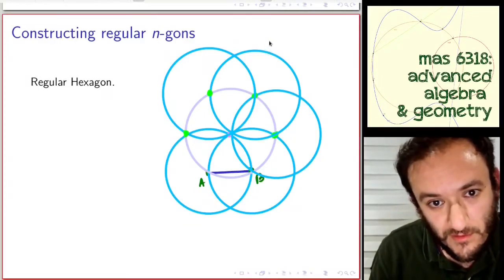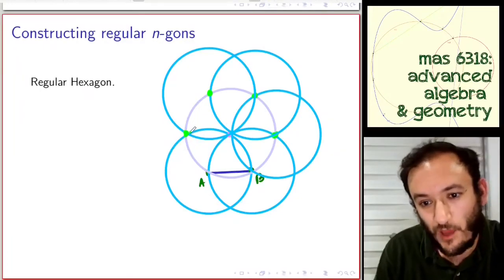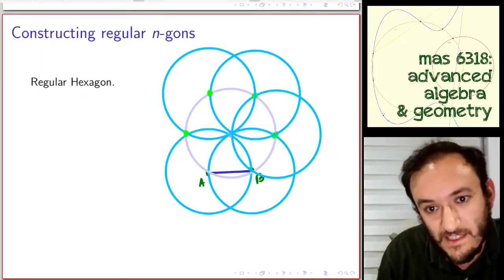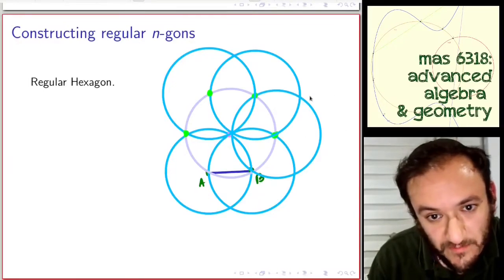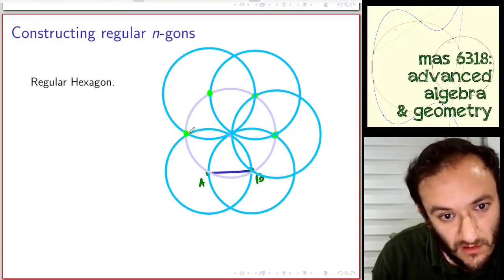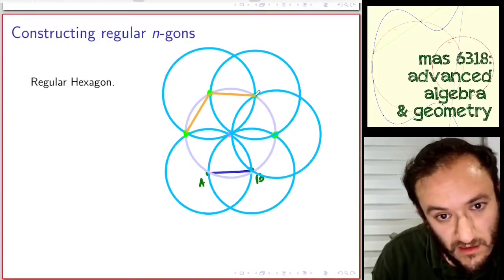Humans are error prone, which is why this drawing is not perfect. But we still get a pretty nice picture connecting these green dots.